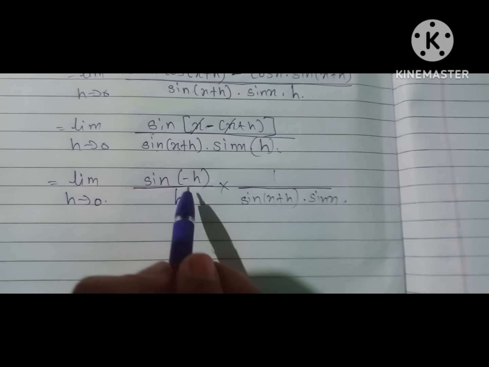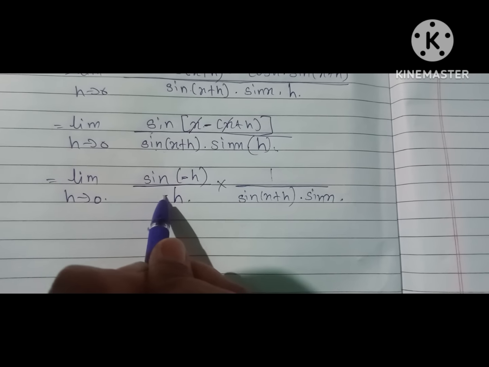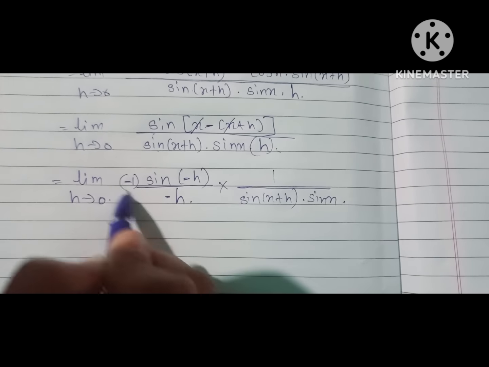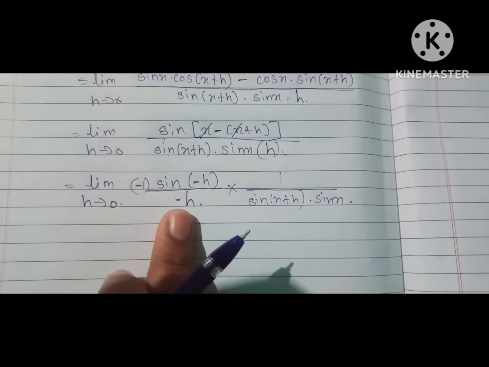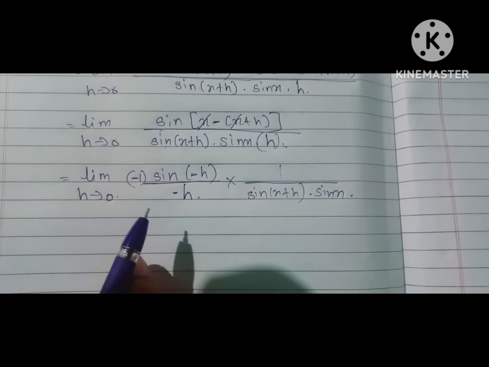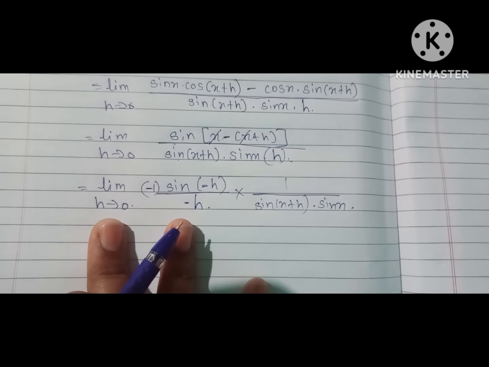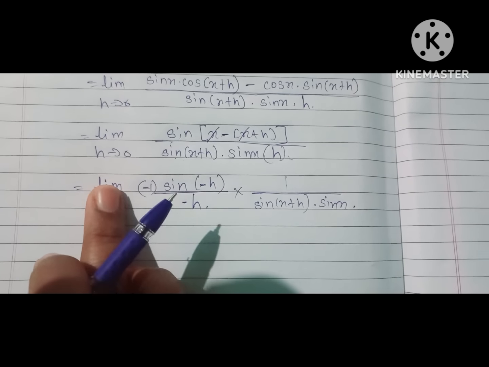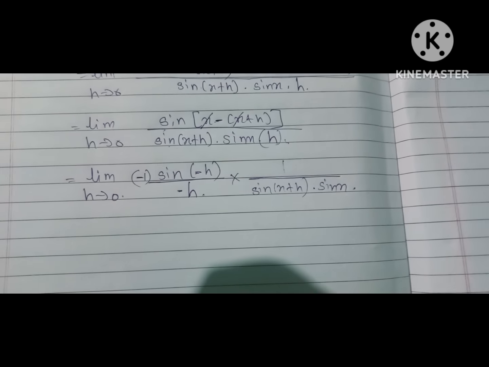To arrange this theta in the denominator, we will multiply this with minus 1. We multiplied this with minus 1 just to arrange this as minus h, because in trigonometry, by using one formula in limits, we know that limit h tends to 0, or limit theta tends to 0, of sin theta upon theta is 1.